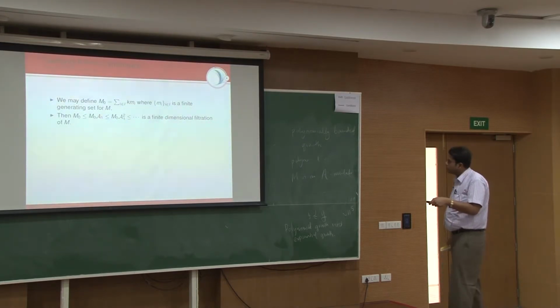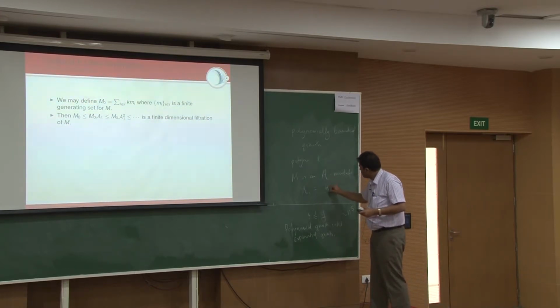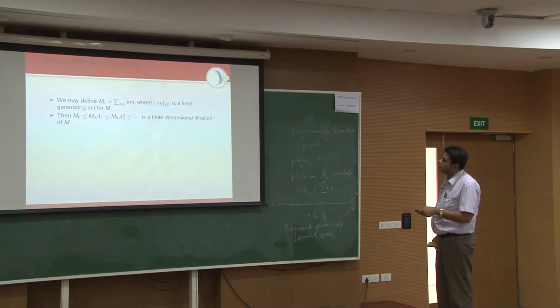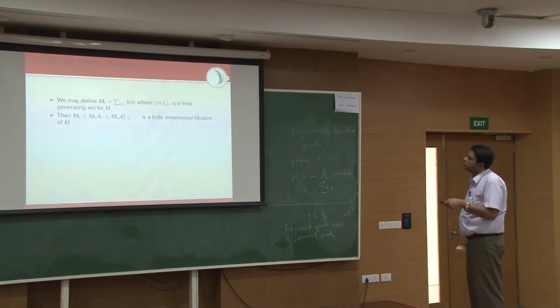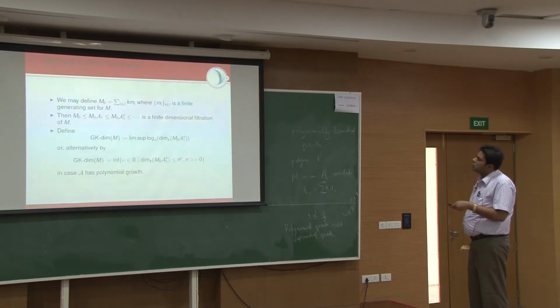Remember, A1 was just the span of the generators of A. The next term is M naught A1 squared, and the filtration is defined in this manner. It's a finite dimensional filtration because every term here is finite dimensional: M naught is finite dimensional over K, and each A^i is finite dimensional, so this is also finite dimensional.